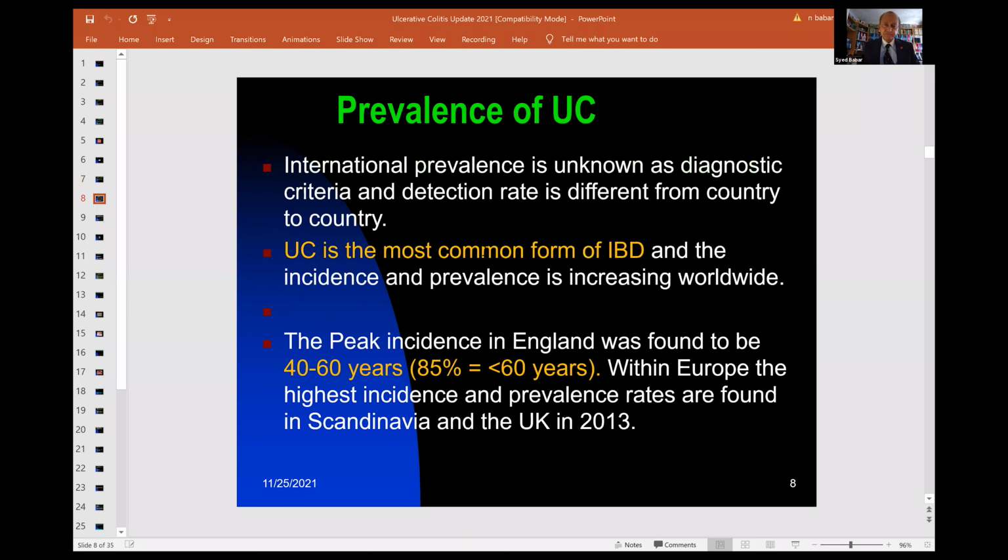So what is the prevalence in the world of ulcerative colitis? This is unknown because the diagnostic criteria differ from one country to another.